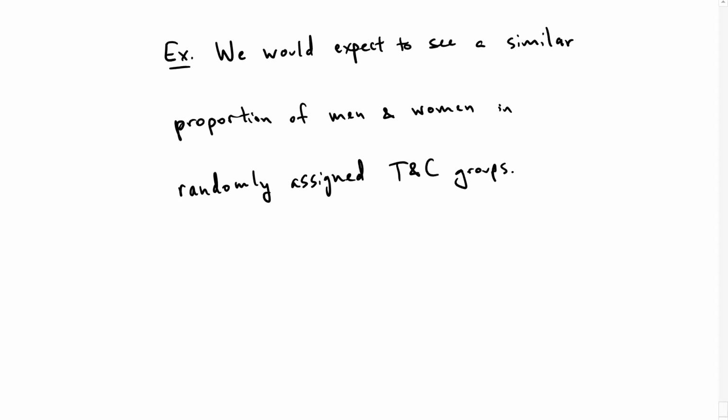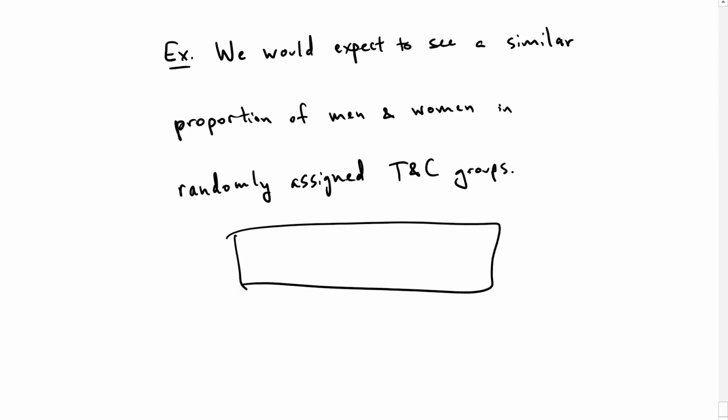So to give you an idea, let's say that this is the entire population of the study we're interested in, and let's say that out of that population, 50% are men and 50% are women.